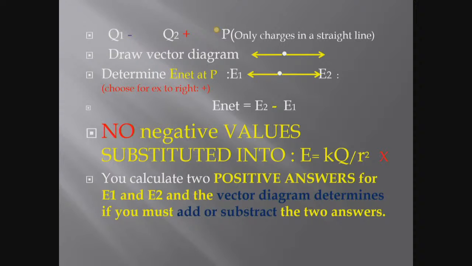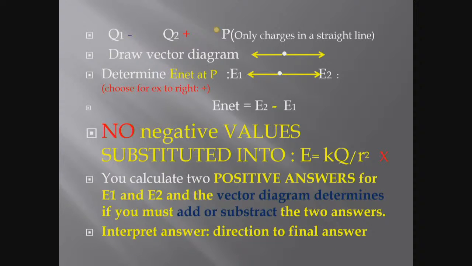Now you calculate your two electric fields E1 and E2, so both will be initially positive answers. And now you have a look at what your vector diagram is indicating to you, and then you decide what you must do. Must I add or must I subtract? And then you interpret that answer.